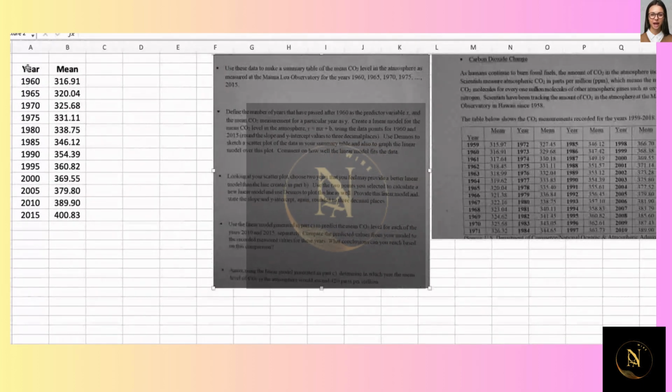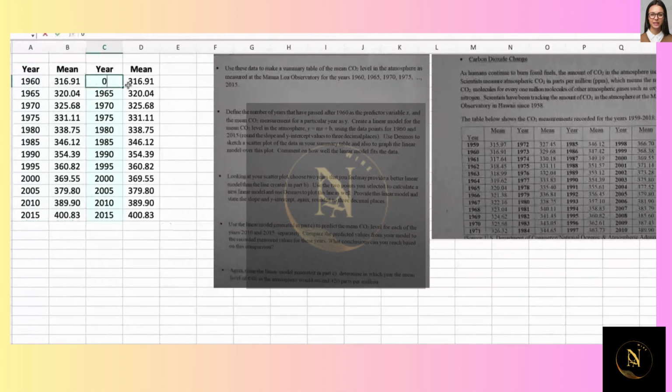Okay, so first of all, I'm just going to copy this and paste this. This is year 0, which makes this year 5. So these are years since 1960, and 1960 would be year 0 because that's when it started.